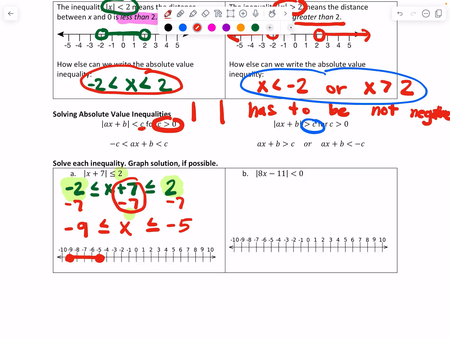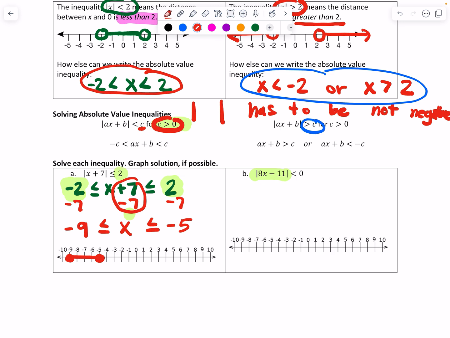Now on part B, it says the absolute value of 8x minus 11 is less than 0. Okay, now remember, this can't be smaller than 0. The absolute value of a number cannot be smaller than 0.